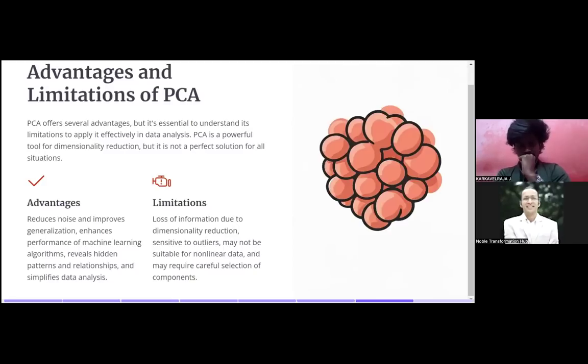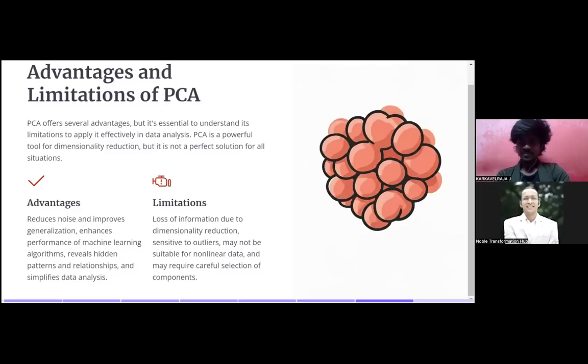This is what makes machine learning, guys. All these techniques, components and algorithms are building blocks of machine learning. So hidden patterns, relationships, and it simplifies data analysis. That is why PCA is very powerful, but it is not fit for all situations. There is a limitation.